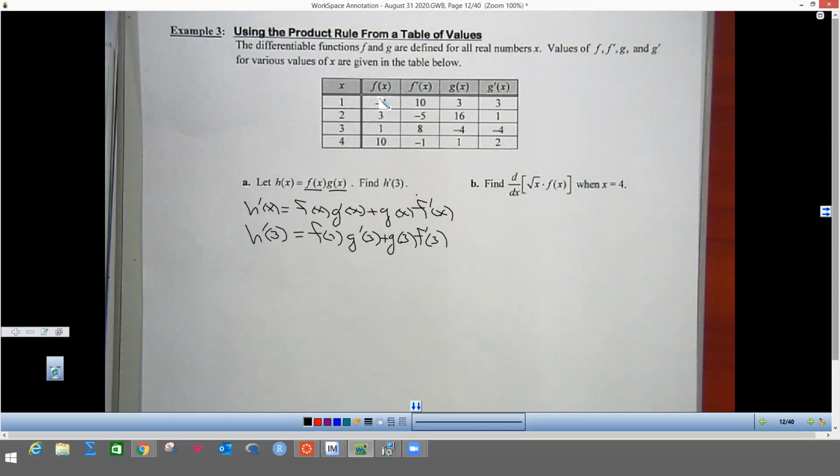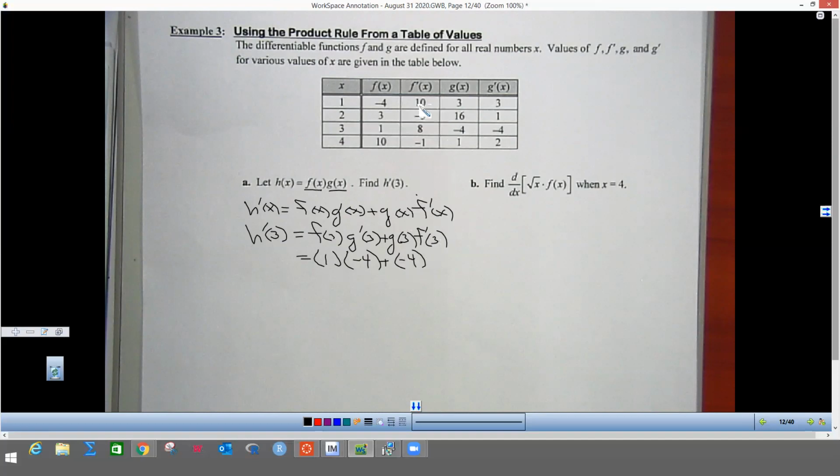So I need f of 3. So here's f. When x is 3, that's 1. So I'm going to stick a 1 in for that f of 3. G prime is here, and I want g prime of 3. There's 3, so g prime of 3 is -4. And then I got g of 3, which g is here, 3 is there. This is also -4.